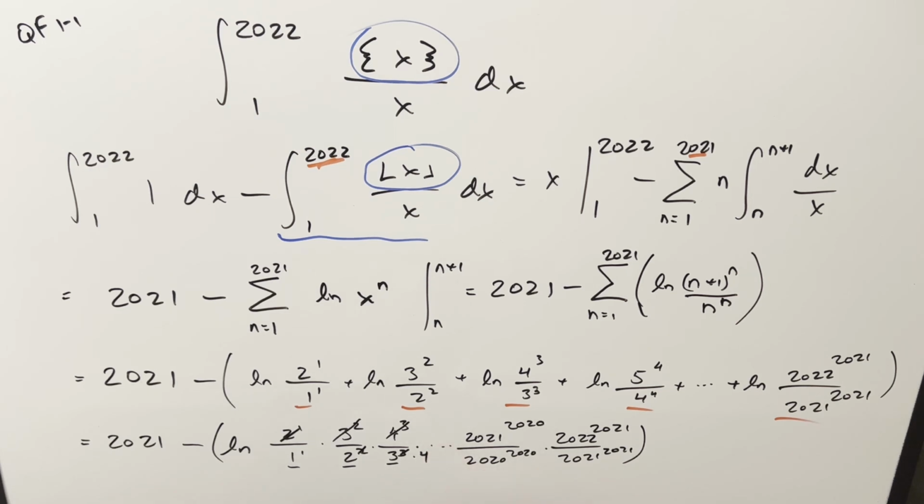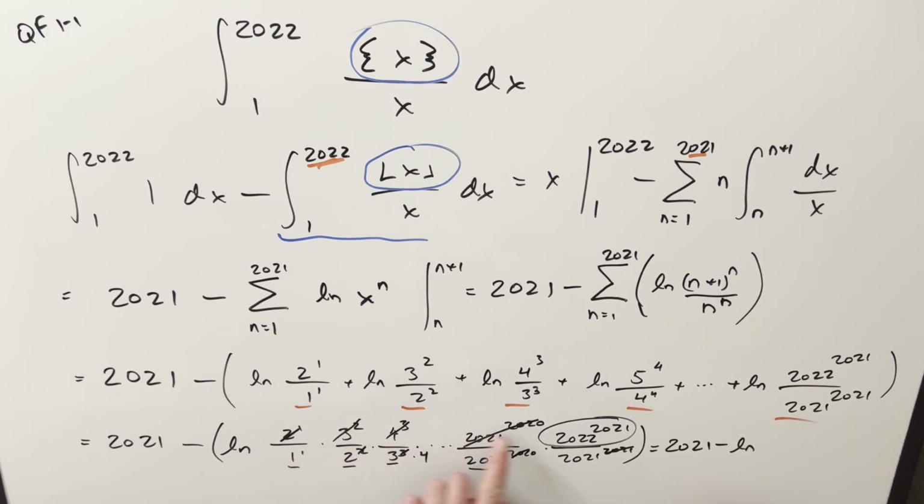This one, there's going to be another 2020 over here that's going to cancel out this exponent. So we got 1, 2, 3, 4, all the way to 2020. Then this one here, it's going to cancel this with all of this. Nothing's canceling this. So when we simplify it, let's see what we have. We still have this 2021 here minus natural log.